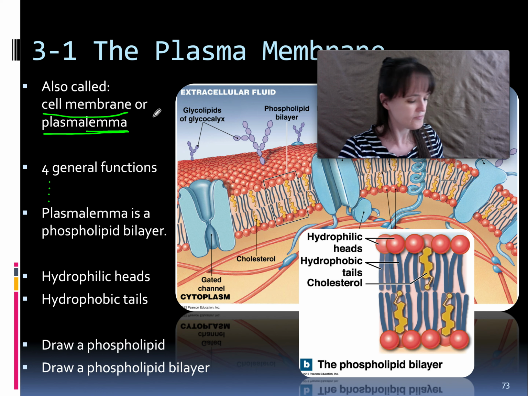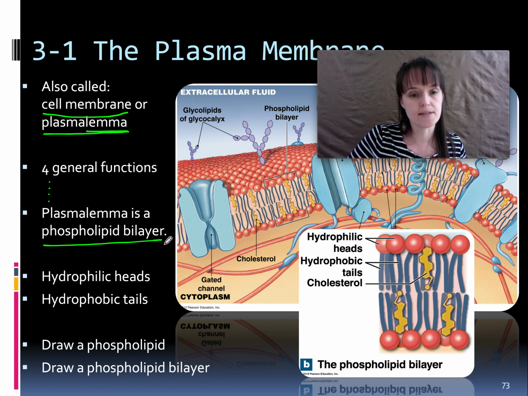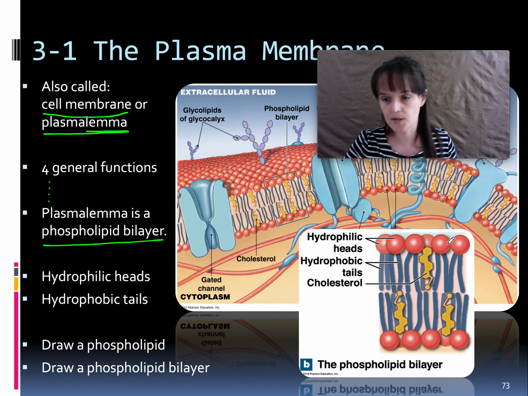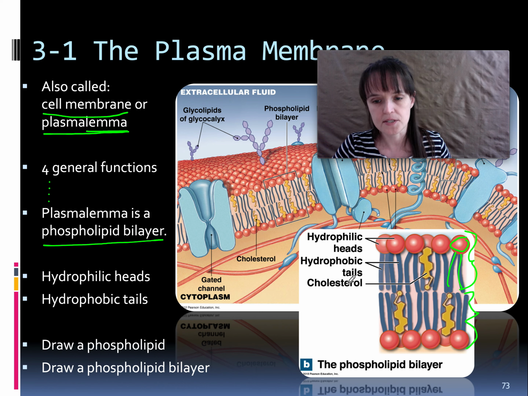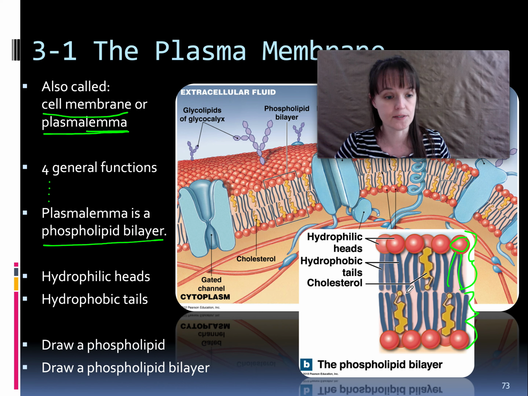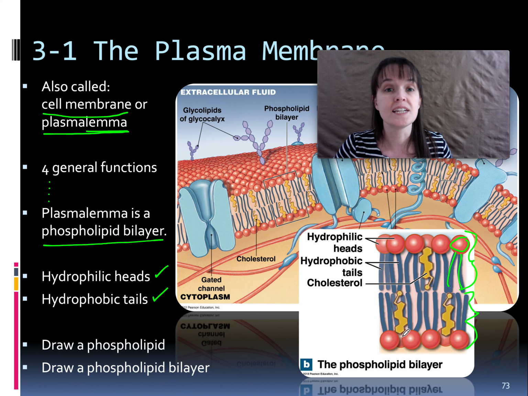So the plasma lemma, we mentioned in a previous video, is a phospholipid bilayer. So here are our phospholipids. We have our hydrophilic heads and hydrophobic tails. Here's one layer of phospholipids, and here's our second layer of phospholipids. So we have a phospholipid bilayer. You may notice that the hydrophobic tails, and yes, you need to know that, are facing each other.